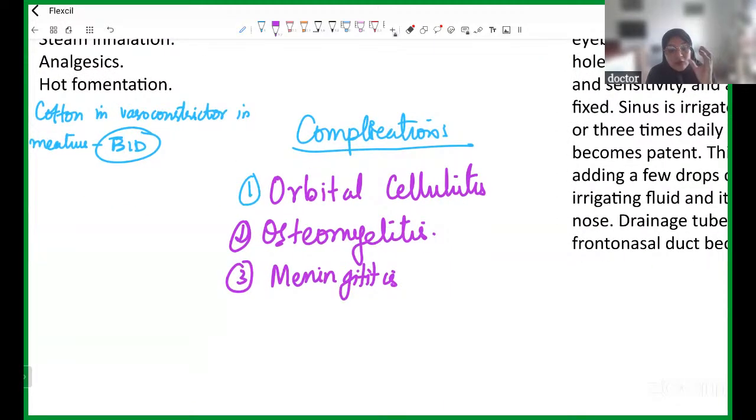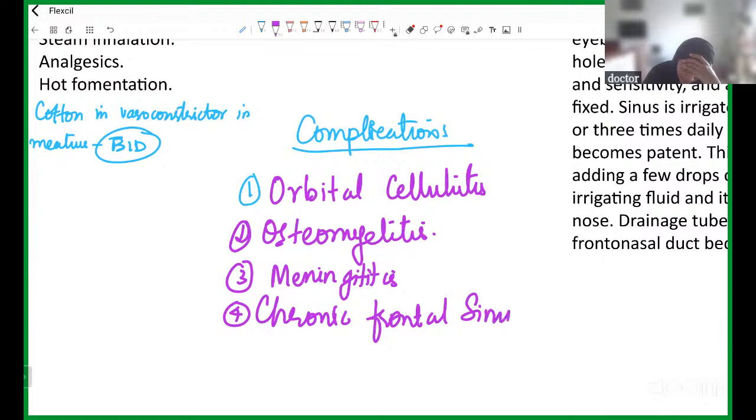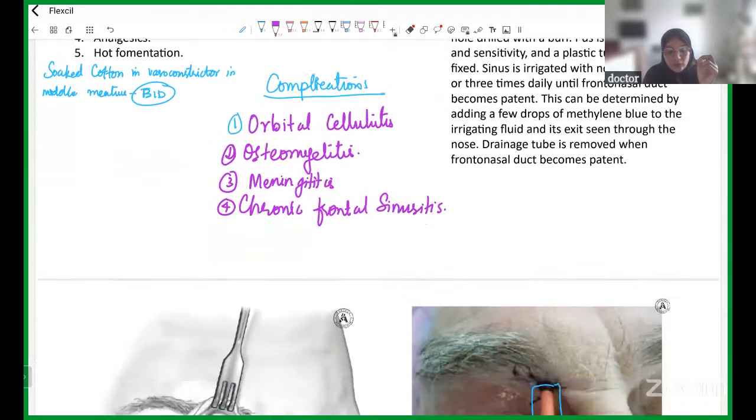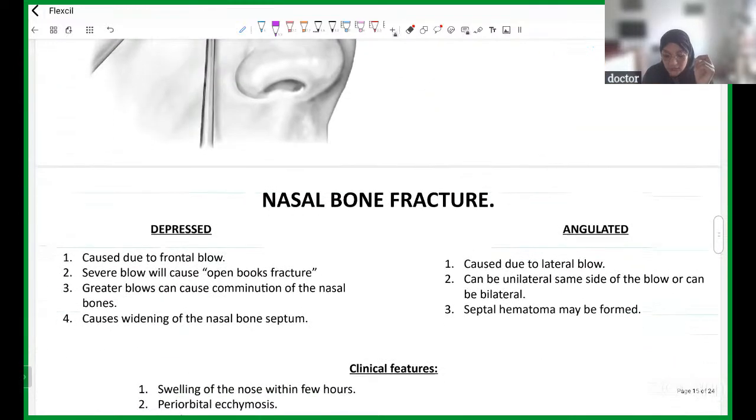Or if acute frontal sinusitis is not treated properly or is neglected, it can complicate into chronic frontal sinusitis. I hope acute frontal sinusitis is very clear.